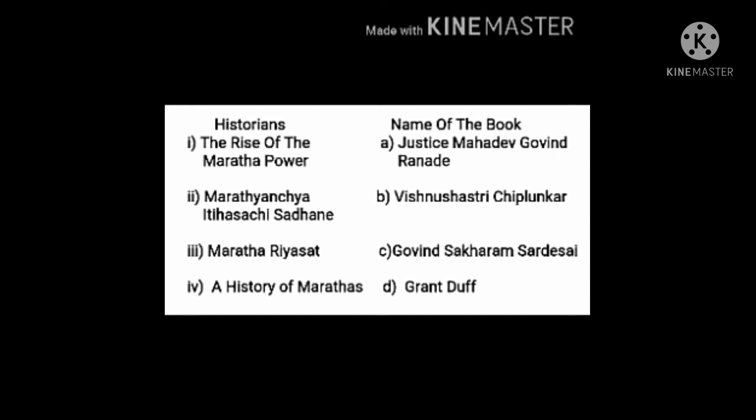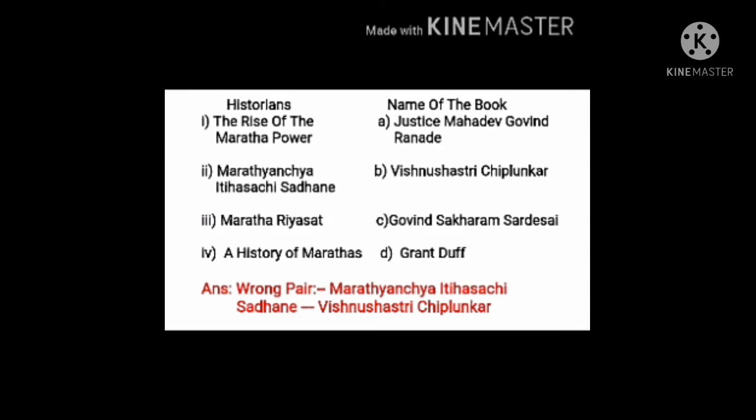Fourth one, History of the Marathas, written by Grant Duff. Among these four, which one is the wrong pair? The second one is the wrong pair. Marathyanchya Itihasachi Sadhane was written by Vishwanath Kashinath Rajwade and not by Vishnu Shastri Chiplunkar. So write down the wrong pair, Marathyanchya Itihasachi Sadhane, Vishnu Shastri Chiplunkar.